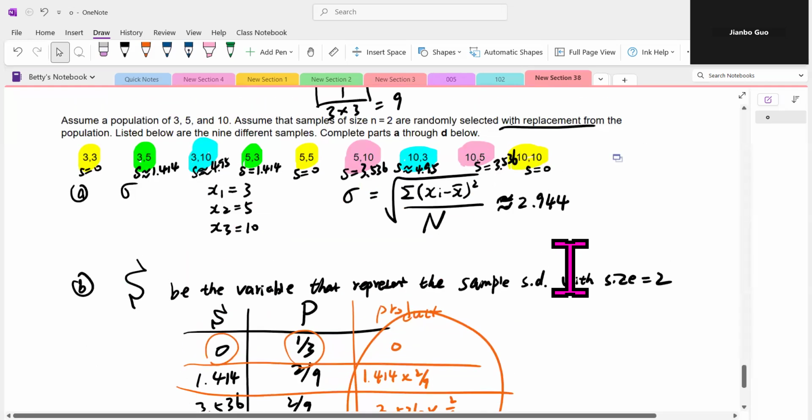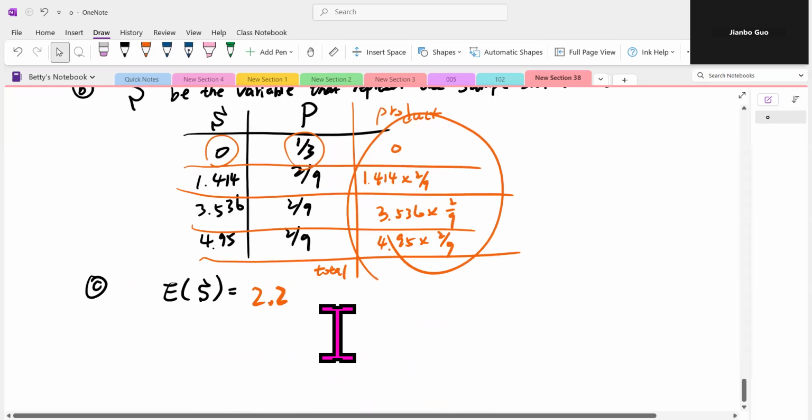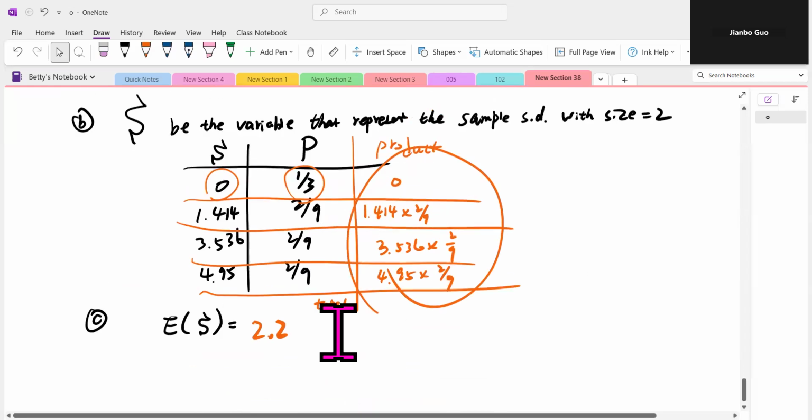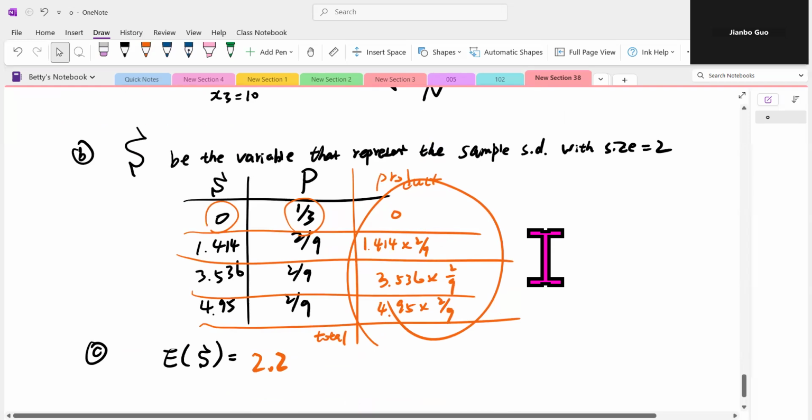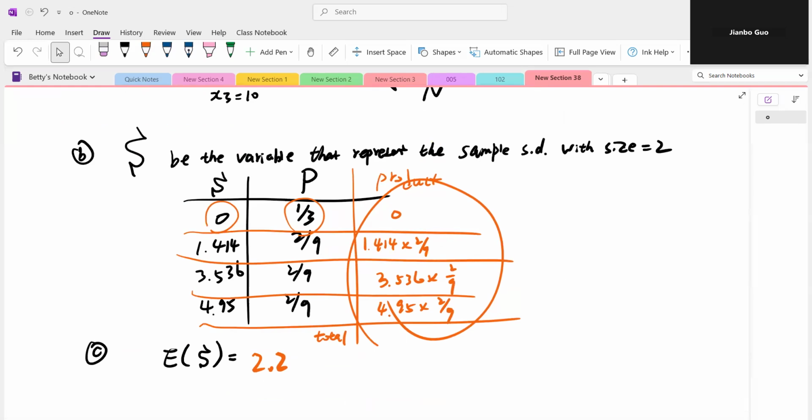It's not very close. So we say it is not targeted to the population standard deviation. We can conclude here: the sample standard deviation does not target the population standard deviation. So sample standard deviation is not an unbiased estimator. It is a biased estimator. All right, I hope this helps.